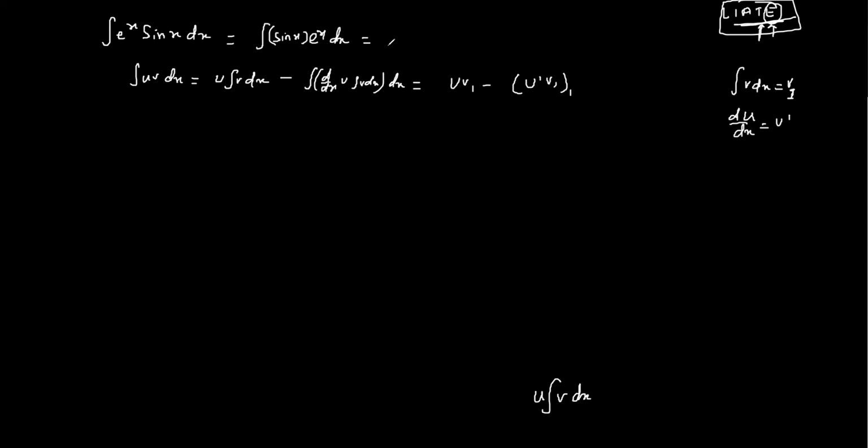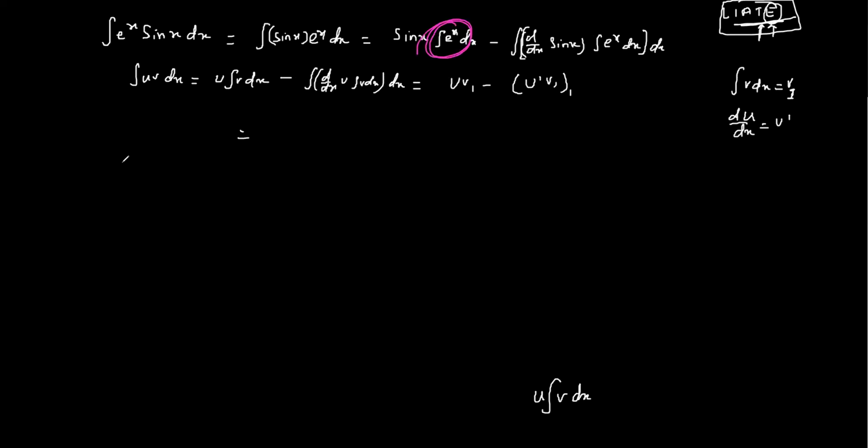First of all, write u times integration of v, minus derivative of u times integration of v dx, right? Okay, so here what are you getting?